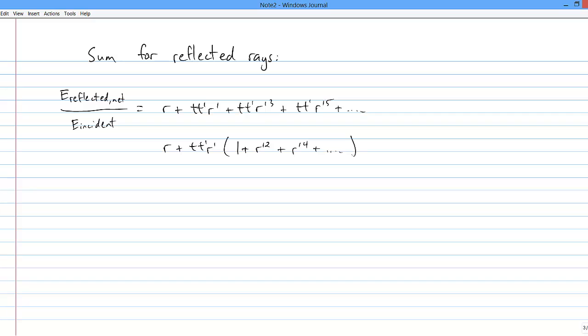That series at the end is a geometric series, which has an easy solution. There's a t prime in here, and one of our Stokes relations lets us replace that with 1 minus r squared. We also know r is minus r prime, and so r squared equals r prime squared.